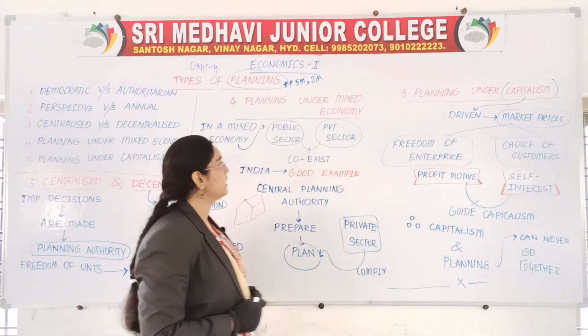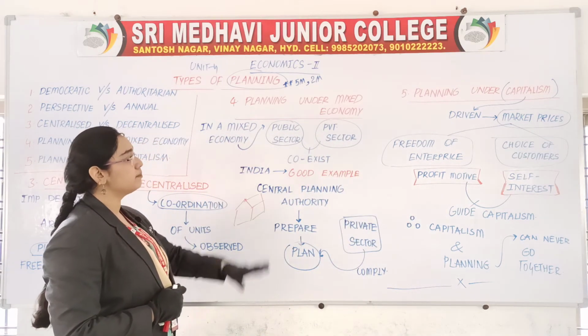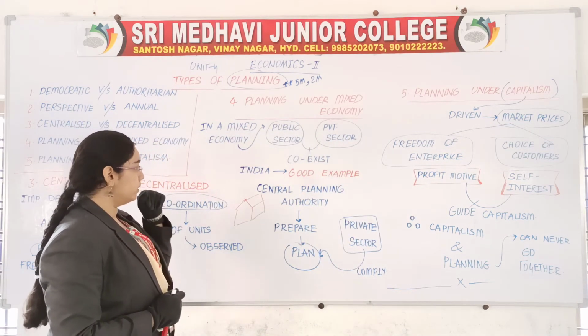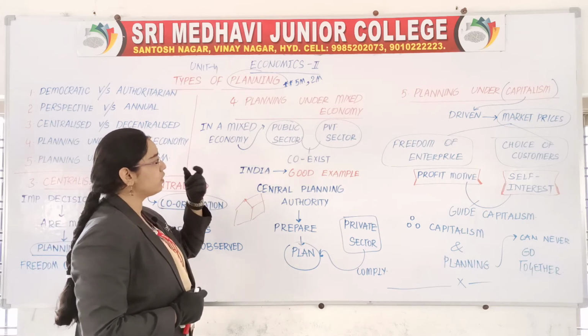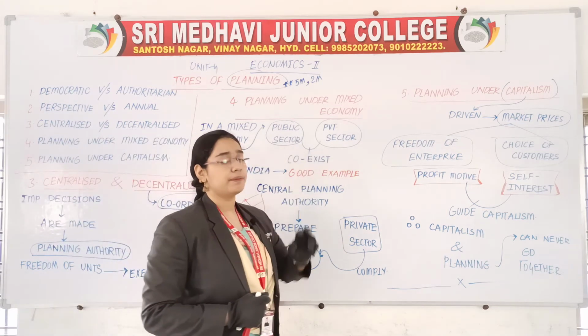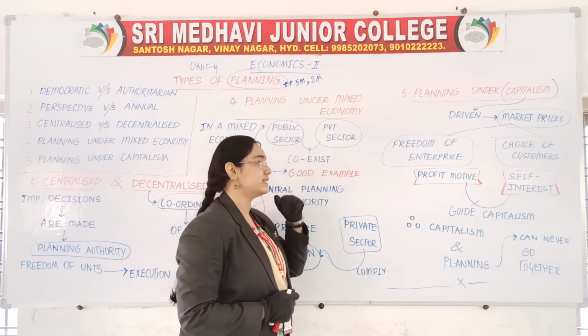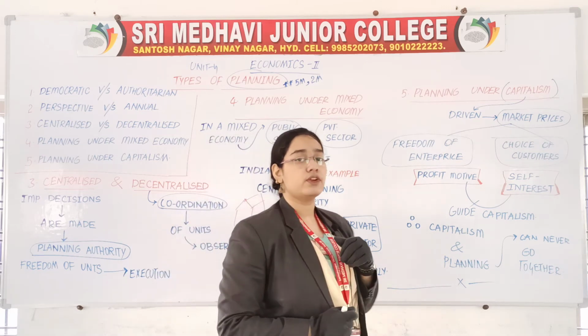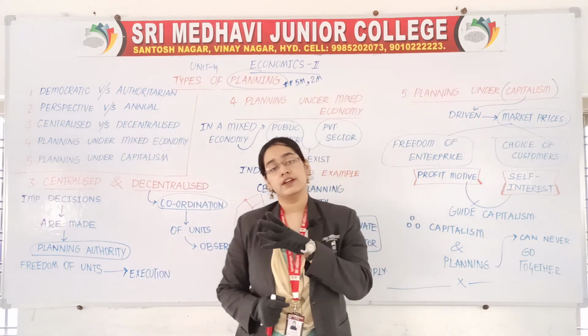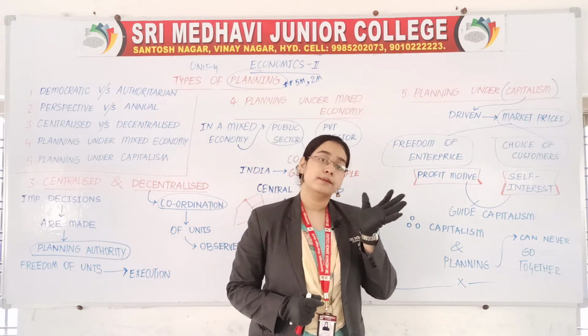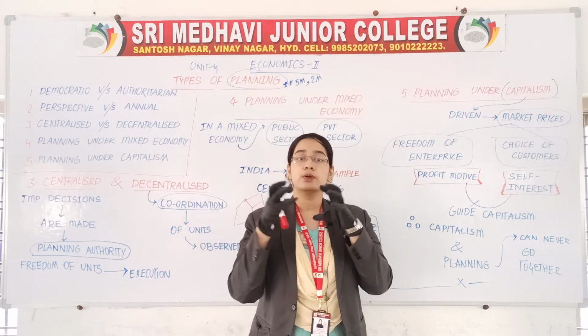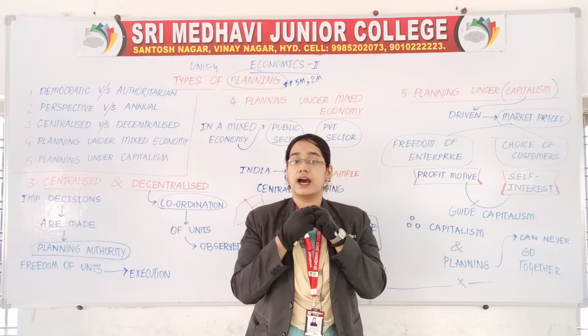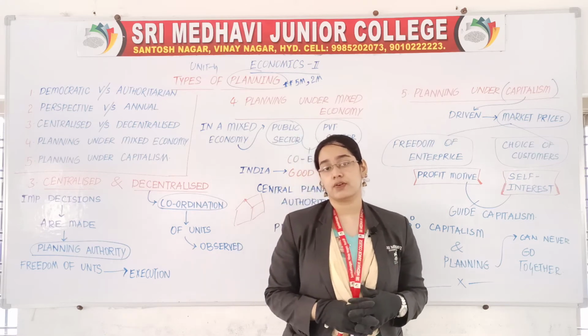Alright, then coming to the next one, planning under mixed economy. In a mixed economy, public sector and private sector coexist. That means we do not have only the private sector, and we do not have only the public sector. Both sectors coexist in our economy.